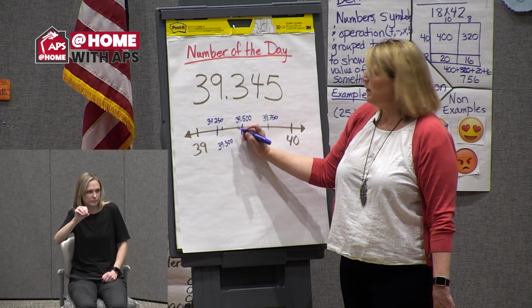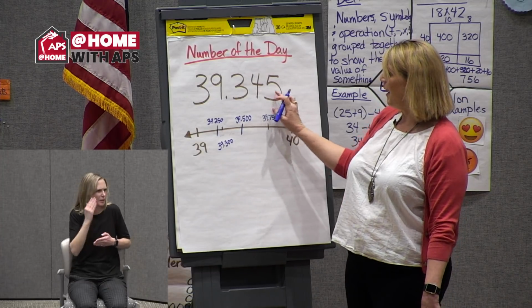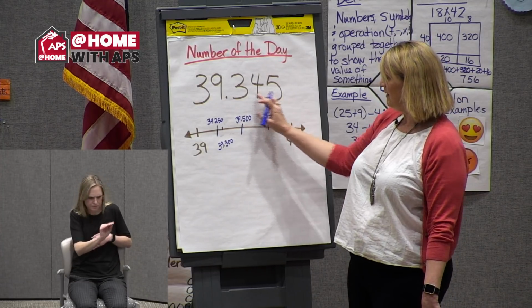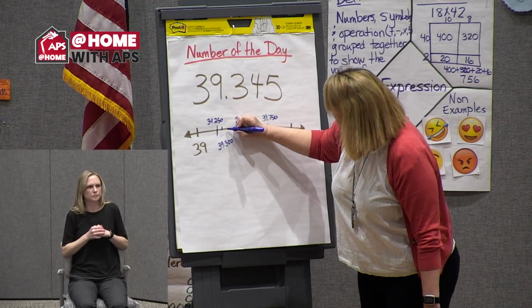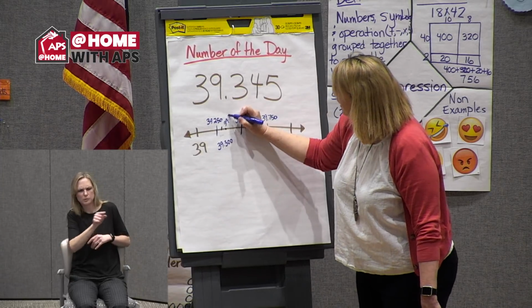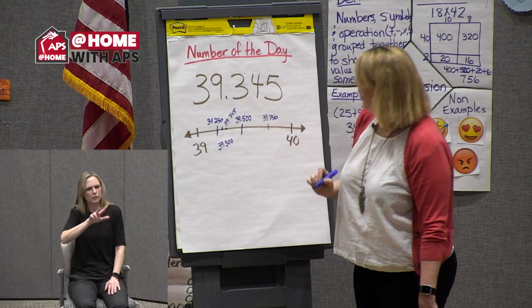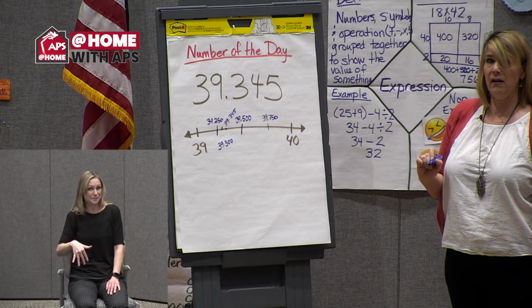I know I'm very, very close because I really only need almost another 50, or another 500ths, and I'm almost there. Let's say that's going to be my number, 39 and 345 thousandths. Wow. Did you get that?